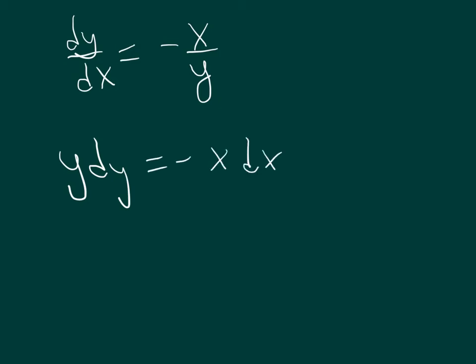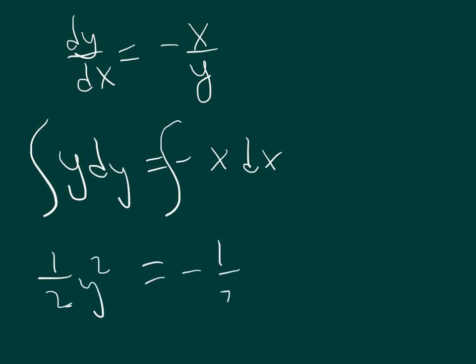If I anti-differentiate both sides, I get 1/2 y squared is equal to negative 1/2 x squared plus c.